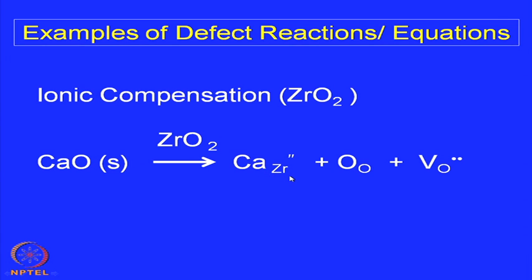Zirconium valency change is very difficult, it is energetically not possible. Calcium is also the same thing. So, what can happen is that some of the ions are removed from the lattice. That is what happens: an oxygen vacancy is created, oxygen goes out.